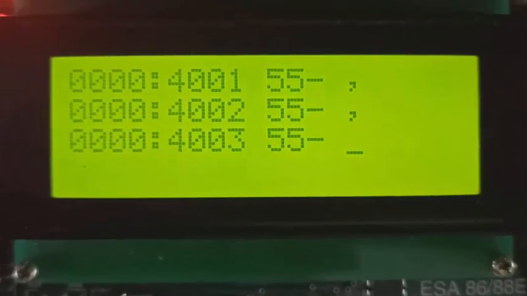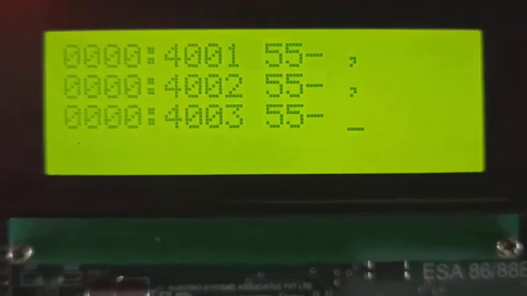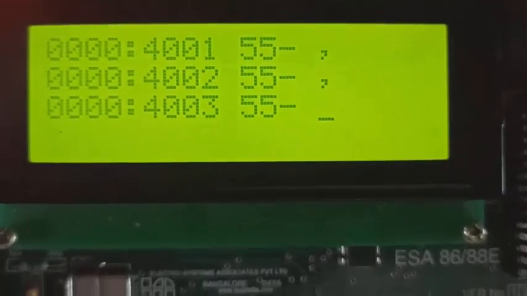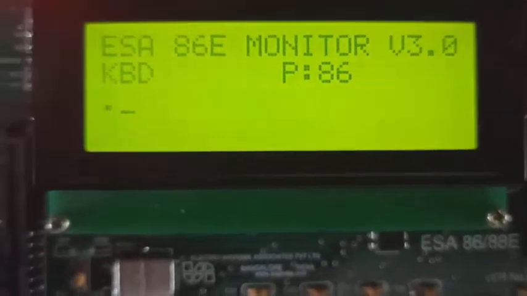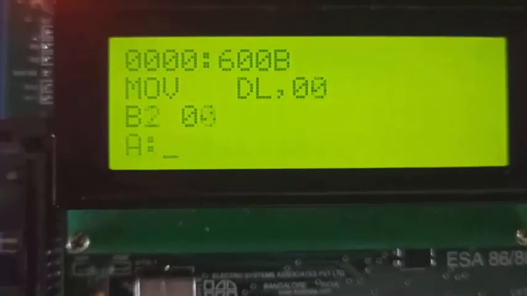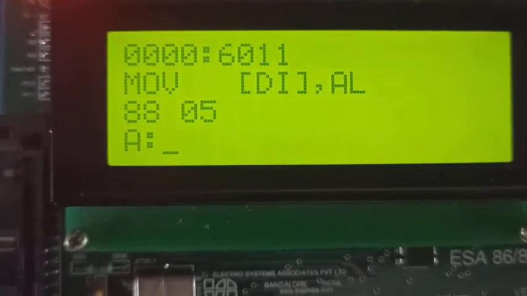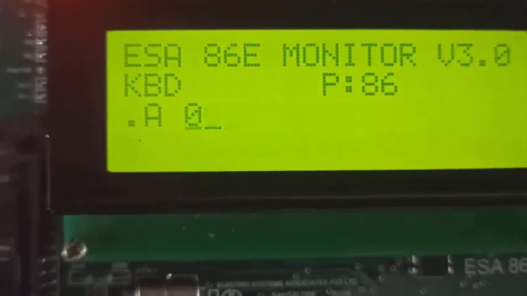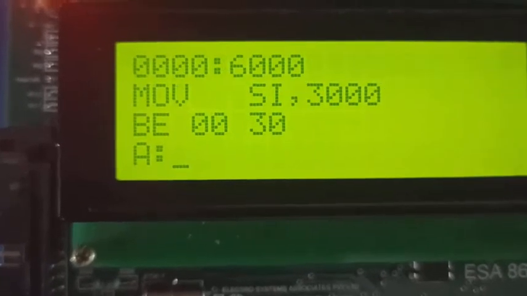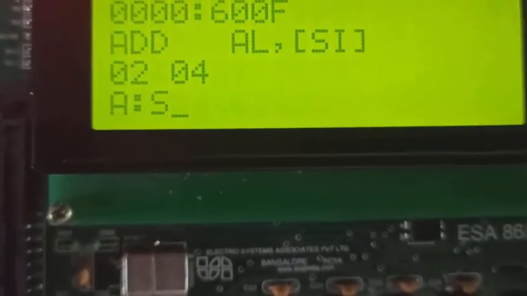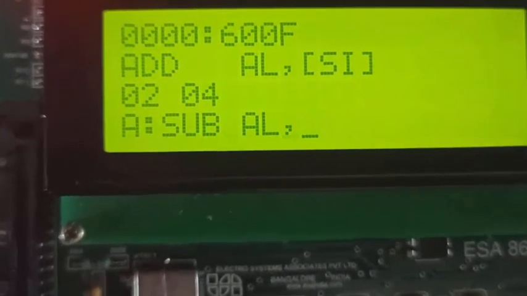Now if we want to go for multi-byte subtraction, let us check by changing the program instruction and changing the inputs. A space 6000. Here, instead of ADD, I write SUB AL, [SI].